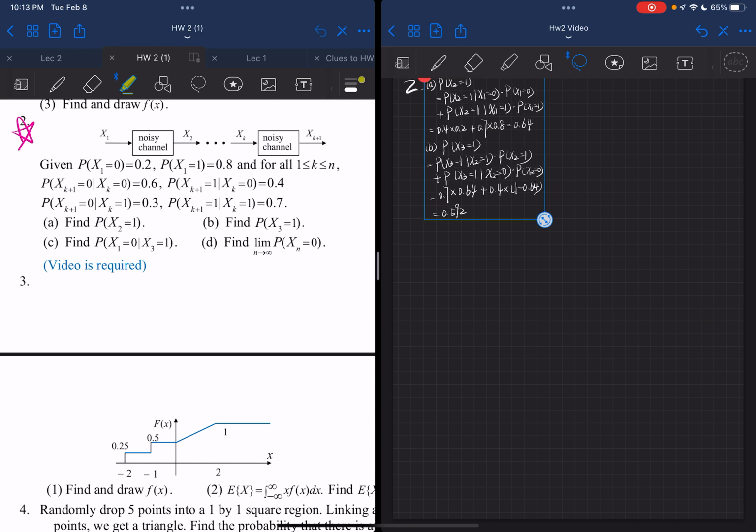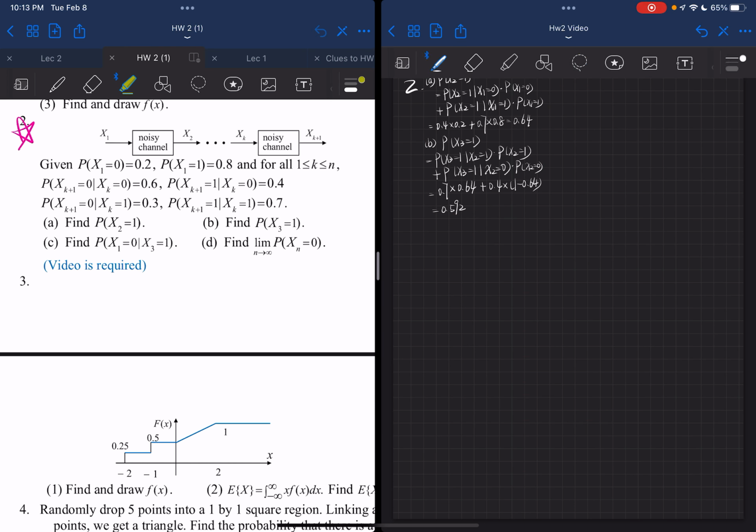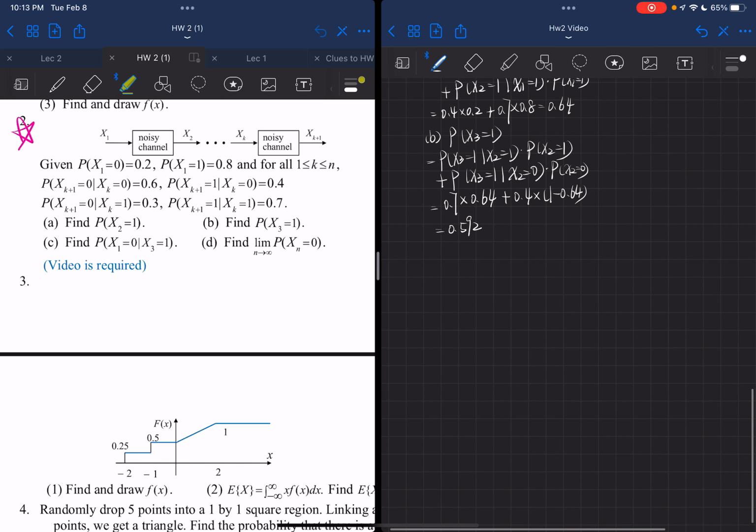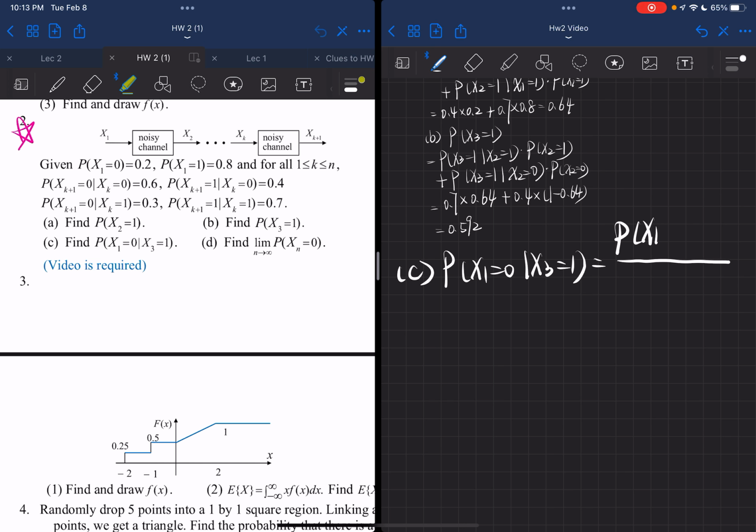For part C, we need to find the probability that x1 equals 0 under the condition that x3 equals 1. We can rewrite this probability by applying the Bayesian formula. It can be rewritten as the probability of x1 equals 0 and x3 equals 1 at the same time, divided by the probability that x3 equals 1.